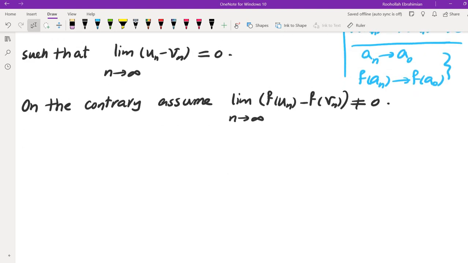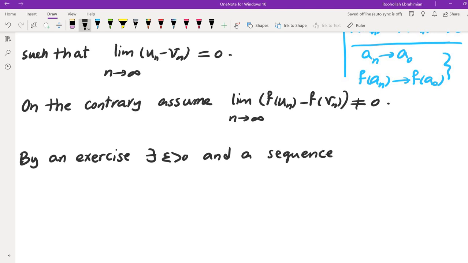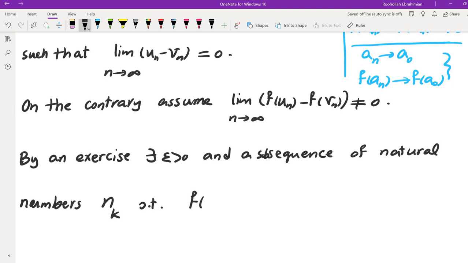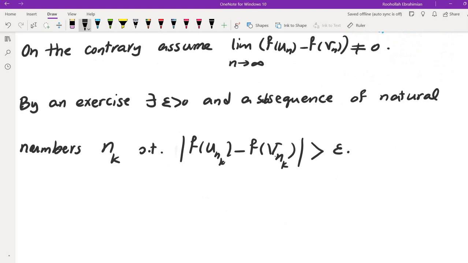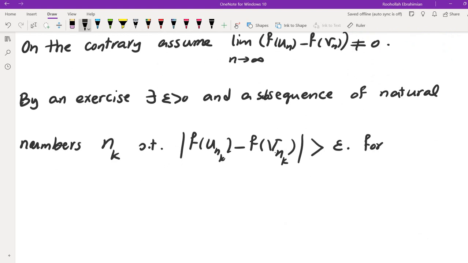By that exercise, there is a positive epsilon and a subsequence of natural numbers n k such that the absolute value of f of u sub n k minus f of v sub n k is greater than epsilon. And this is true for all k.